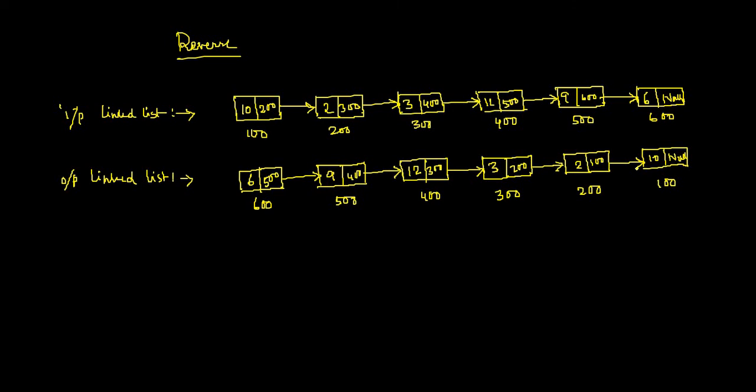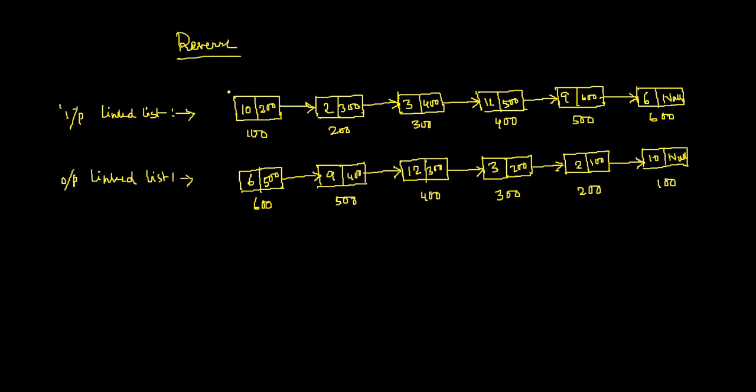Now see, reverse means here the total architecture of the linked list has reversed. It's not like I'm printing the nodes of the linked list in reverse way. This is input and this is output, and you see it has been totally reversed.